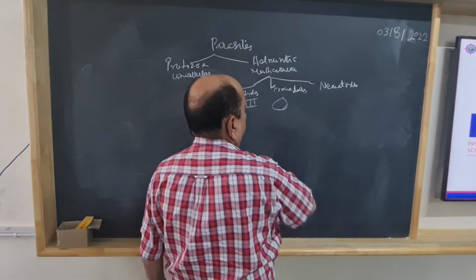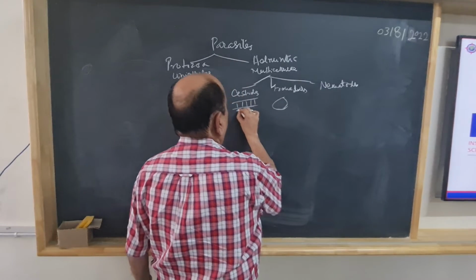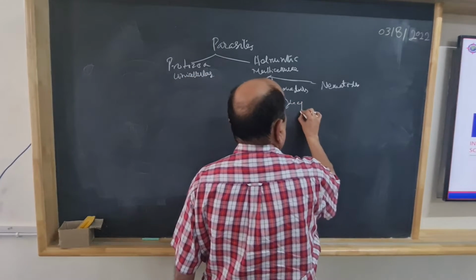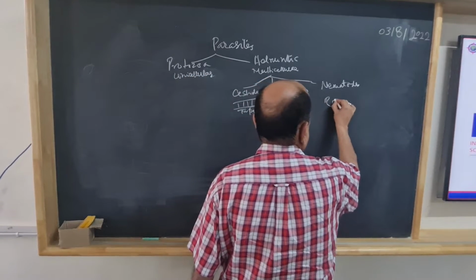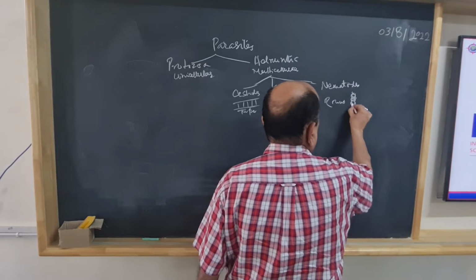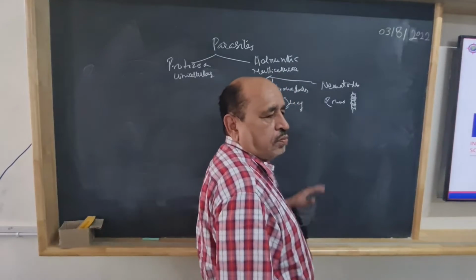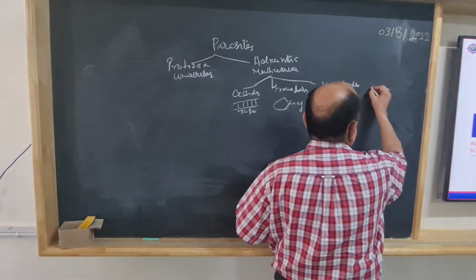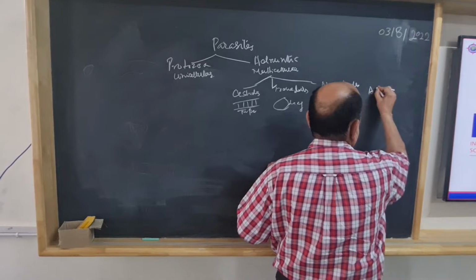Trematodes are leaf-like. Nematodes are roundworms. So, in roundworms, you are going to study Ascaris lumbricoides.